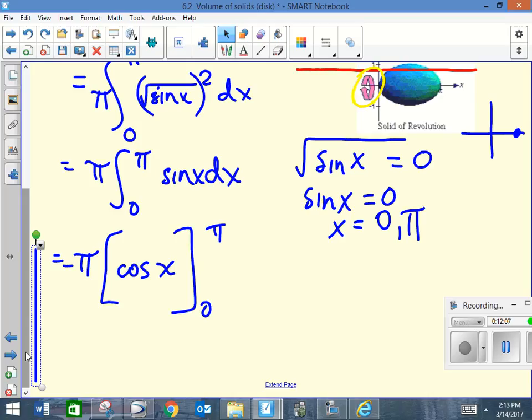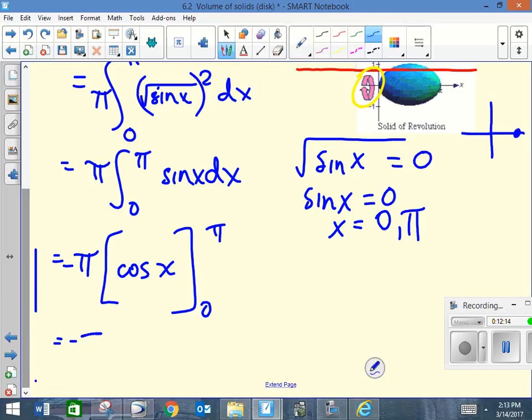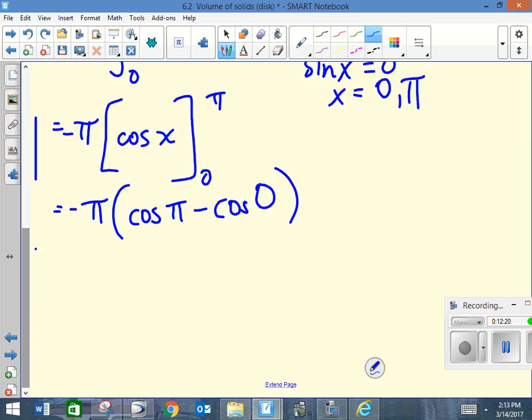So negative pi times cosine pi minus cosine 0. What's cosine pi? And cosine 0. So what's that? 2 pi. Should we get negative volumes? No.